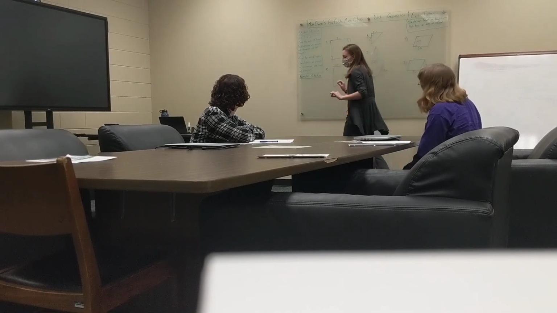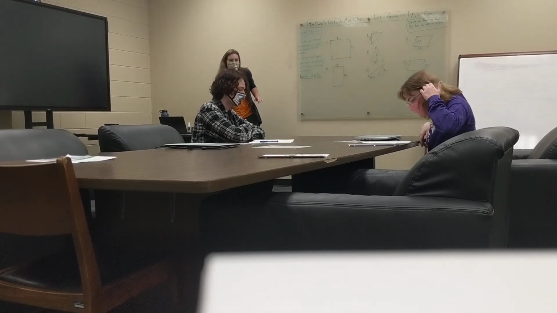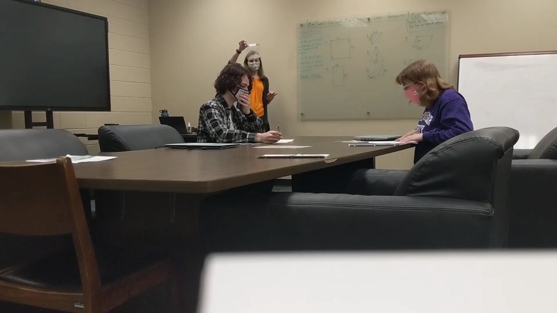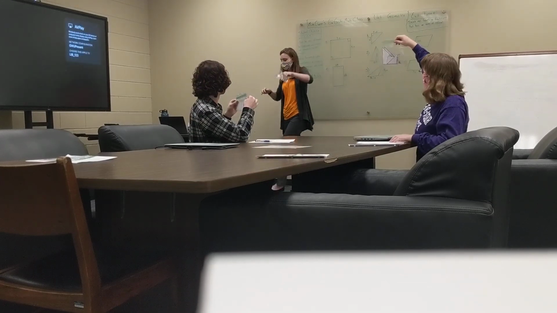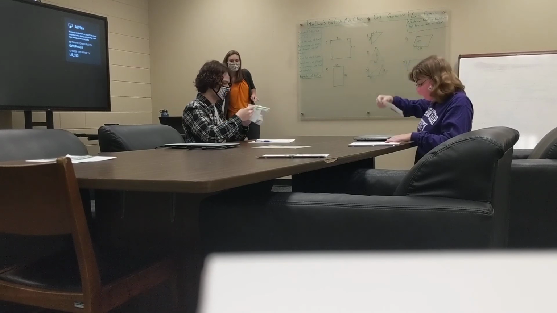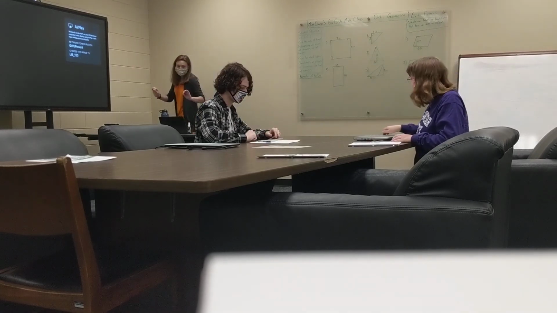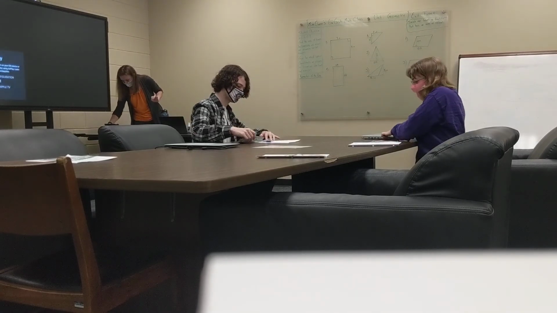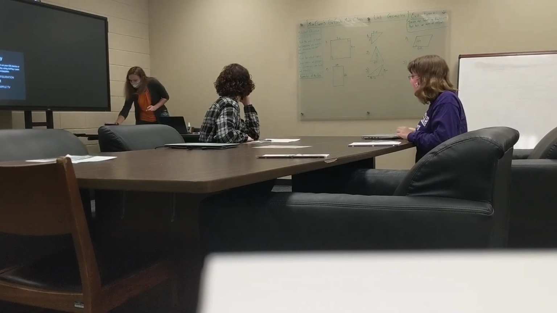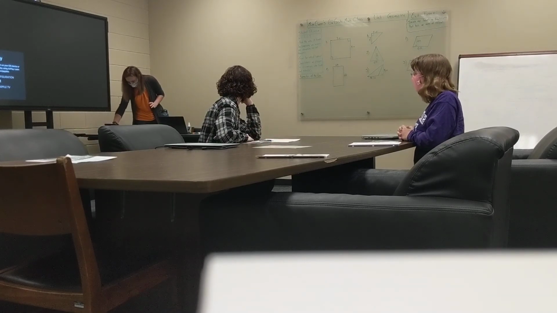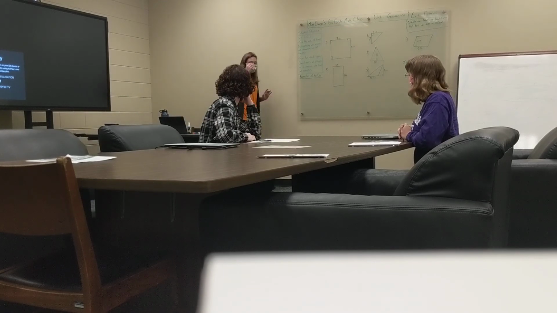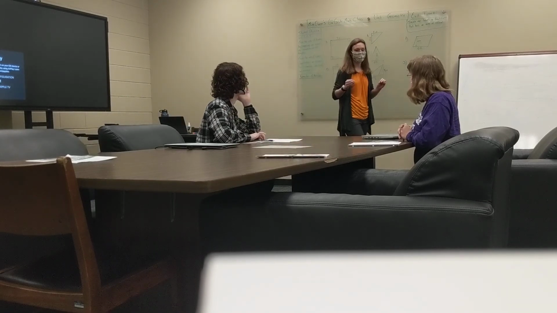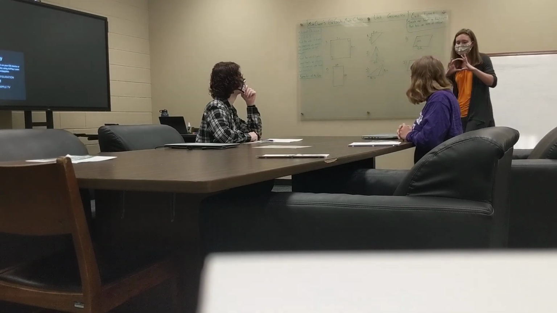So if everyone will look in their packets and find the baggie. When you find your baggie, hold it up for me, please. Okay, very good. Place that straight in front of you. We are not going to be opening that just yet. I am going to set a timer on the board. When I say go, you're going to have 5 minutes to take all of the shapes in your bag and create a singular square.